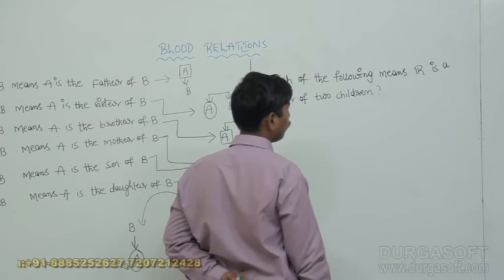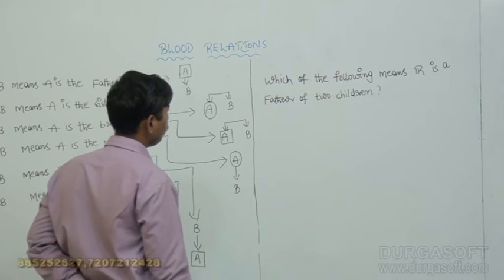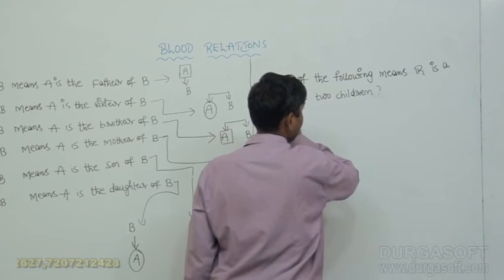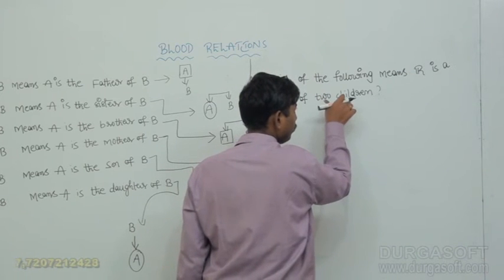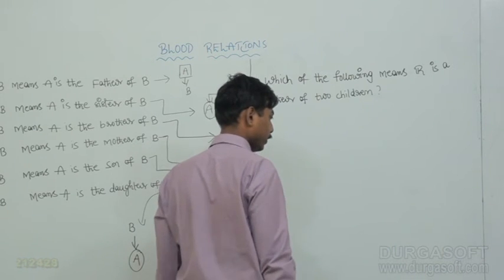R is a father of two children means R's gender we have decided here as male. Two children means these two children should be in the next generation. That is all the meaning here.